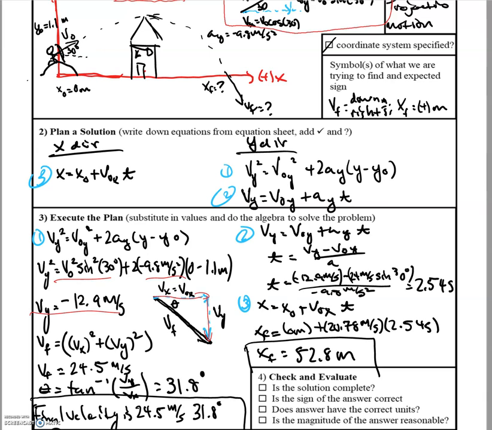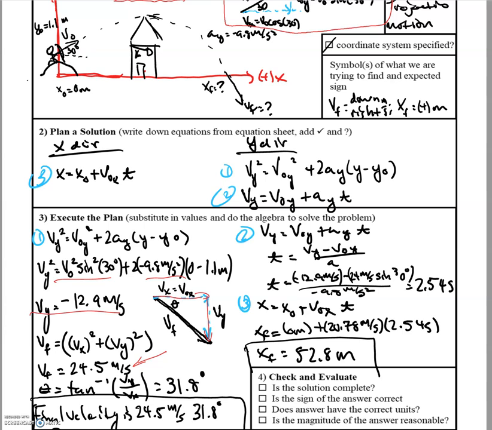We can use the Pythagorean theorem to solve for the final velocity. And then we can define an angle to determine what the direction is. So you can use inverse tangent, opposite over adjacent, Vy over Vx, to find the angle, and that is measured from the horizontal.